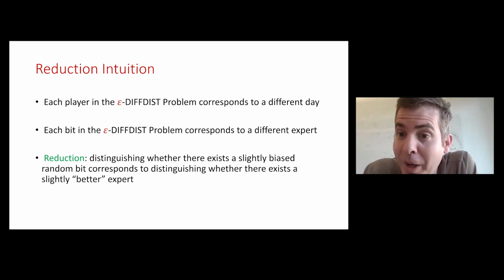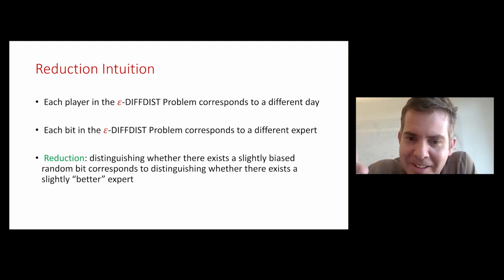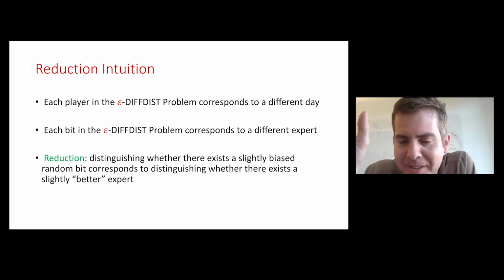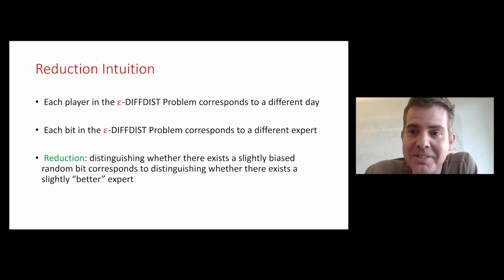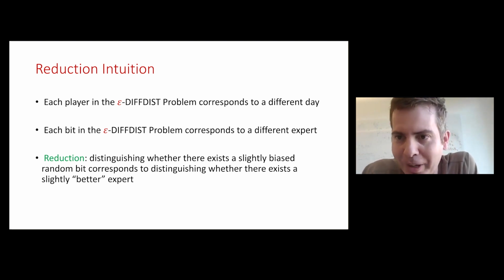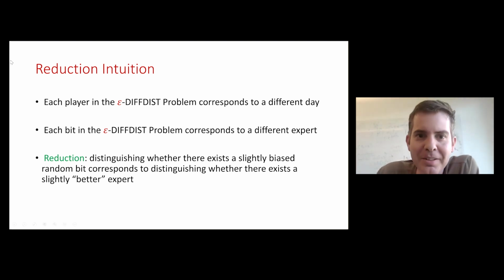It's outputting more ones, right? It's biased. But what is a very simple protocol that can solve this problem without looking at anything? Well, I just predict 1 on every day. I didn't have to do anything. And I get pretty good regret because the best expert is predicting 1 only 1/2 plus epsilon of the time.